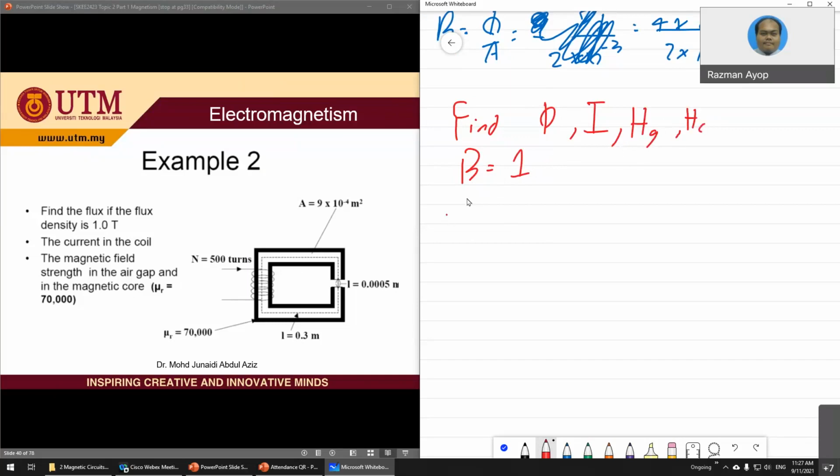Also they give you mu r, 70,000. There is no unit for mu r, so be careful.